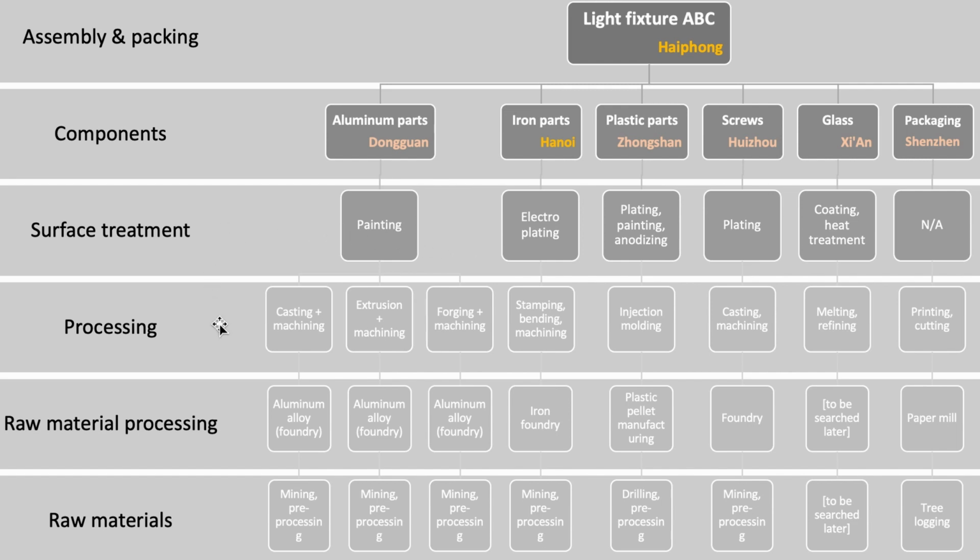One layer down is the processing. So there's some fabrication, some machining, whatever, right? The plastic parts here might be injection molded at high pressure, if it's thermoplastics. And same thing, it might be cast, extruded, forged, stamped, bent, melted, whatever.